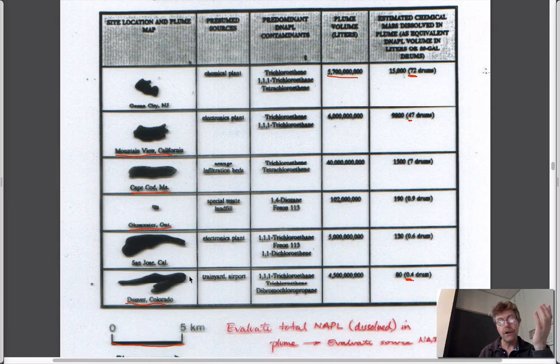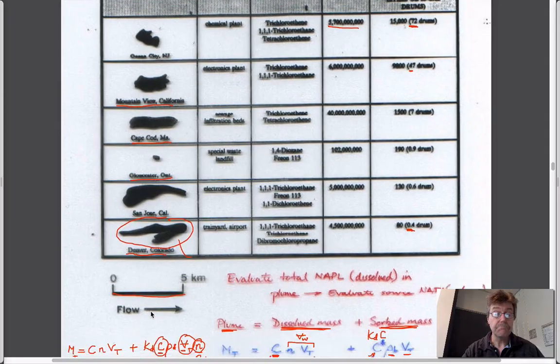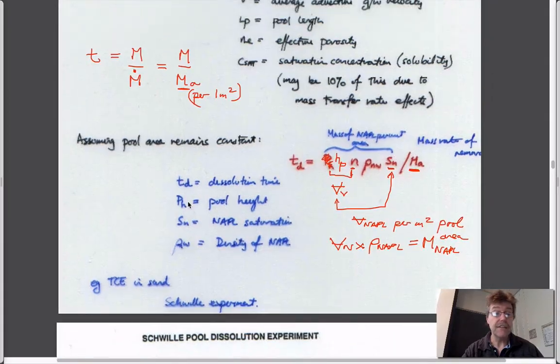So 0.4 of a drum can make a plume that is 5 kilometers in size, and presumably at very low concentrations because it's spread out. And so it's this idea of entropy. If you want to catch a plume, you want to do it early when everything's together. Once entropy enters into the place and it spreads out at much lower concentration, then it takes much more effort to be able to corral it and catch it. And so that's kind of the end of the message.